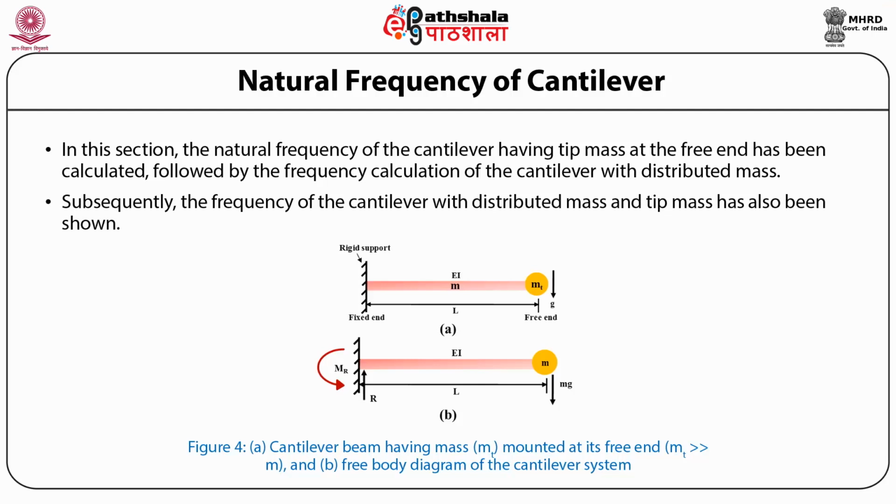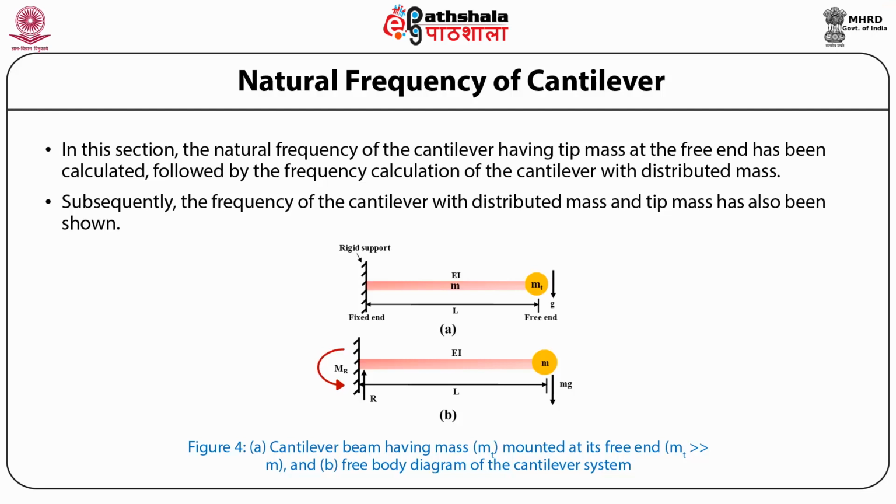You can see in the figure shown in the middle of the slide, figure A shows the cantilever beam having mass mt mounted at its free end, that is the tip mass mt, where the tip mass is much greater than the mass of the cantilever.